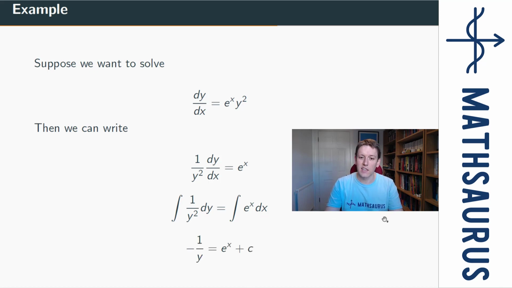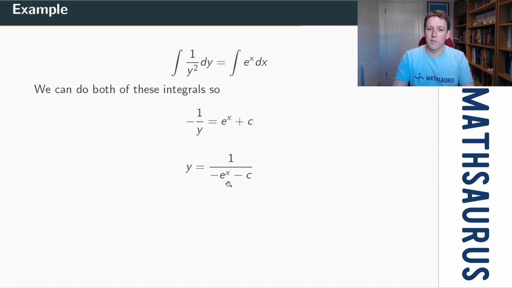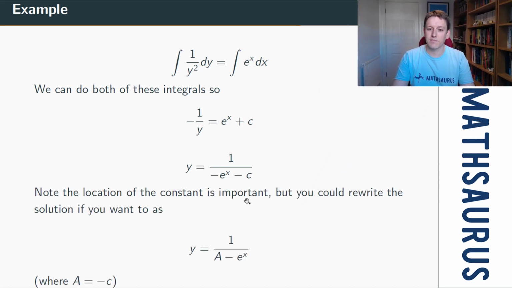And fortunately here, these are both integrals we know how to do. 1 over y squared integrates to minus 1 over y, and e to the x integrates to e to the x. And we put a constant of integration in here for good measure. So you could, if you want to, write this as, taking the reciprocal of both sides and negating, y equals 1 over minus e to the x minus c.